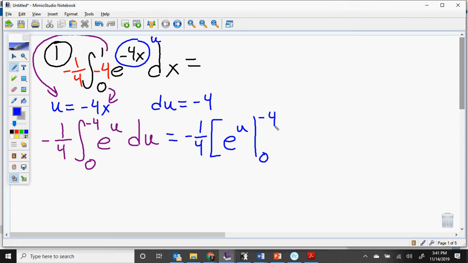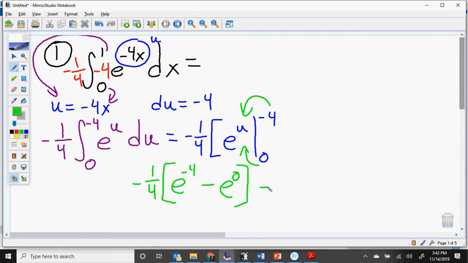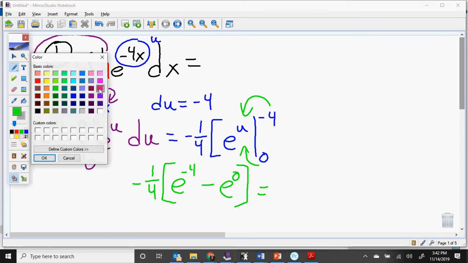So I'm going to plug in our value. So negative 1 over 4. And we'll plug the top one in first. e to the negative 4 minus, then plug the bottom one in, e to the 0 equals. Well, let's think about this for just a second.